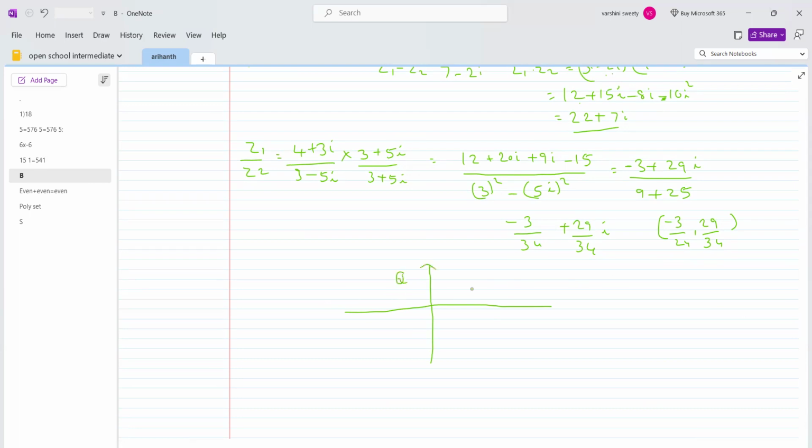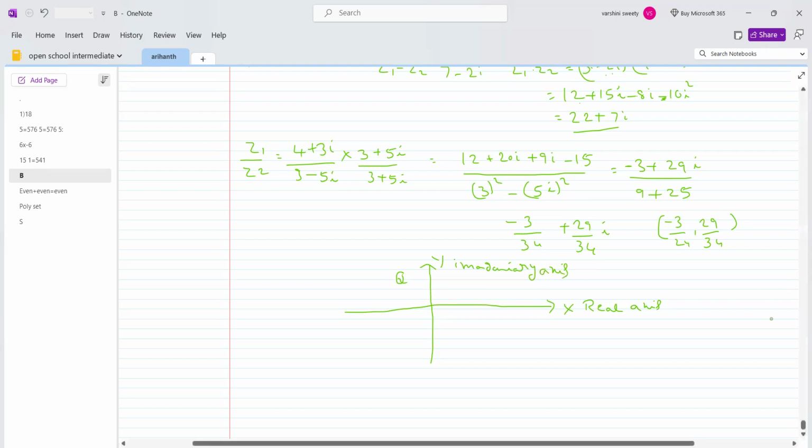Then the y-axis is called the imaginary axis, and the x-axis is called the real axis.